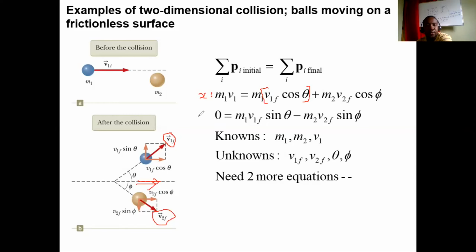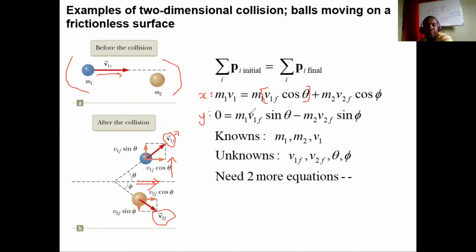Now to find it for your y plane, we notice that before collision, none of these objects are moving in a y direction. This is strictly in your x, and this is not moving. Therefore, before collision in your y plane, momentum is 0. Then after collision, we notice both moving diagonally, so they're going to have a y component. Again, this is just the velocity of your blue ball, so we need to find the y component, which is opposite to your angle.